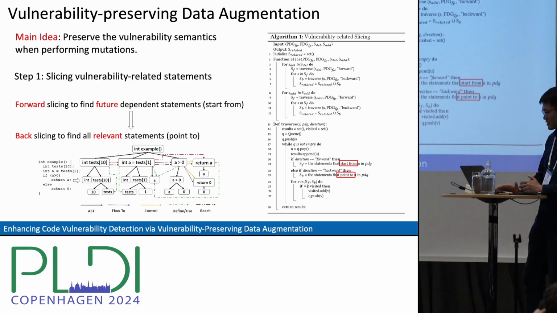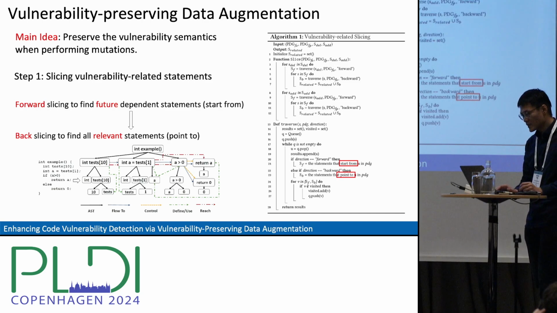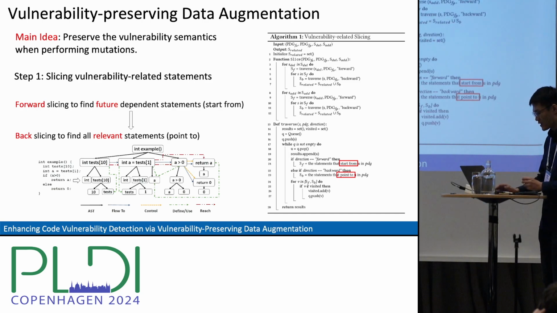The first step is that after slicing the original function to get the vulnerability-related statements, we conduct forward slicing on the program dependence graph to find the dependent statements. Afterward, we further conduct backward slicing to find all the related statements, and these related statements are defined as the vulnerability-related statements.